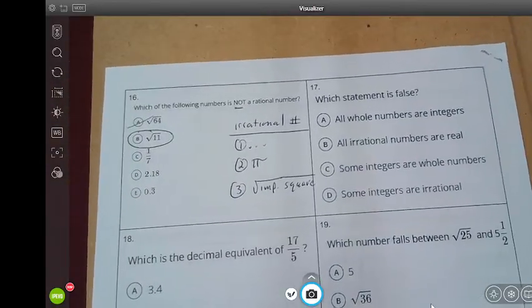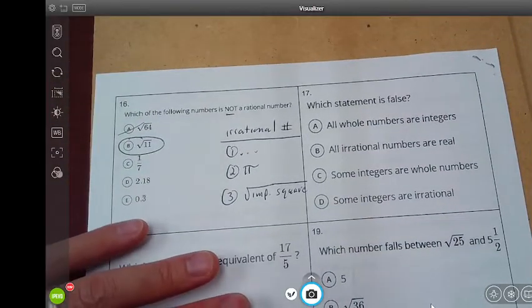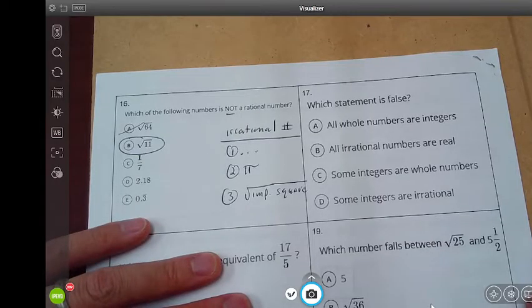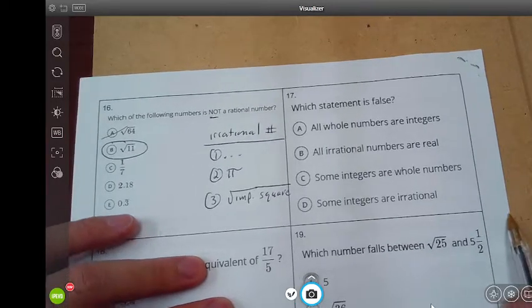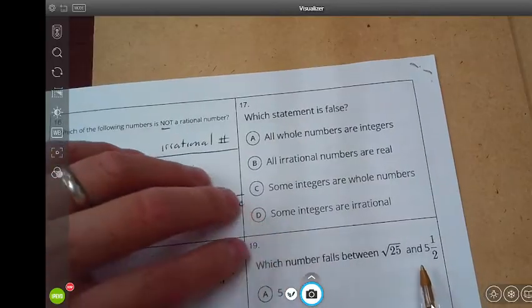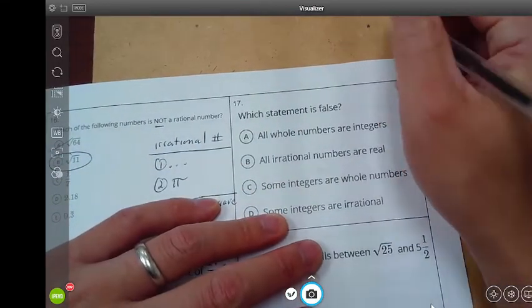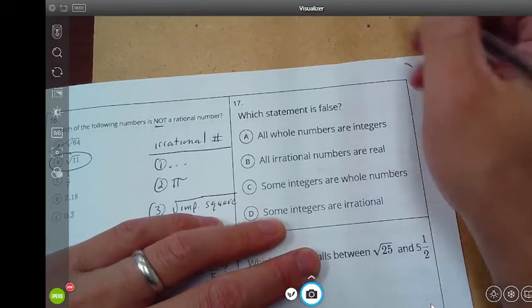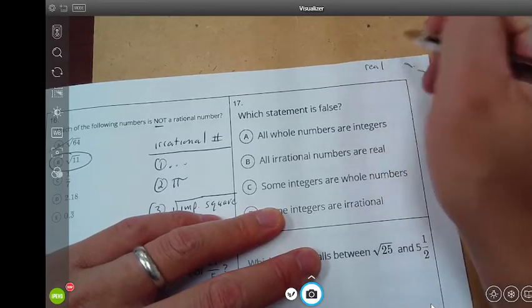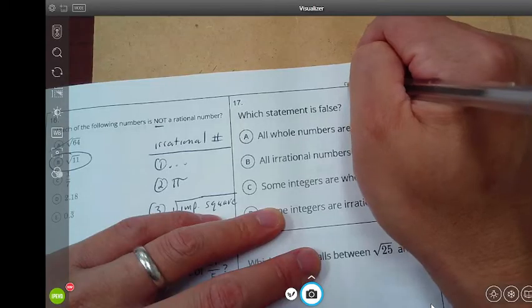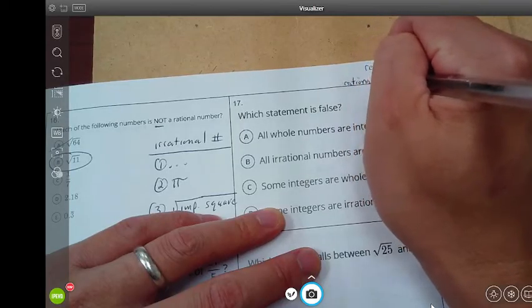All right, which statement is false? Whole numbers or integers? Okay, so for this one, we have real numbers, and real numbers are broken up into rational and irrational.